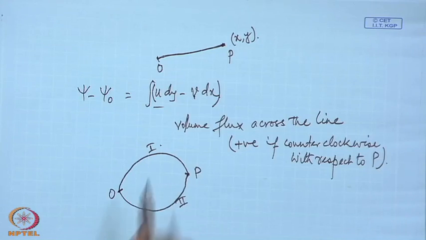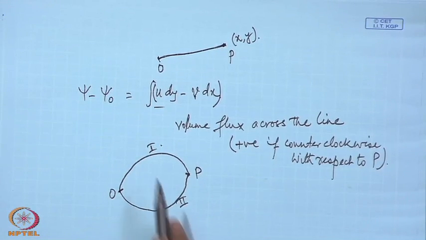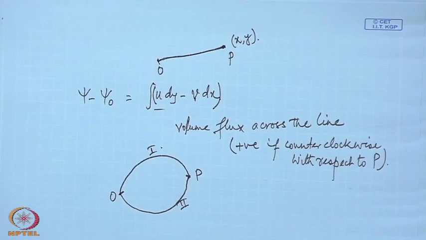Then the net volume flux entering across these two paths will sum to 0.